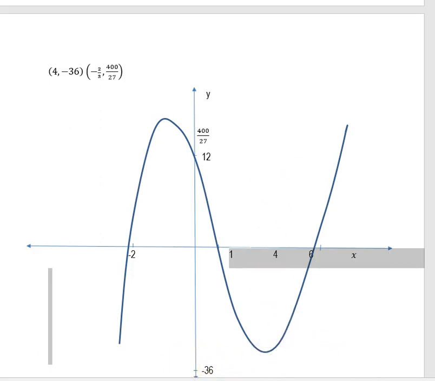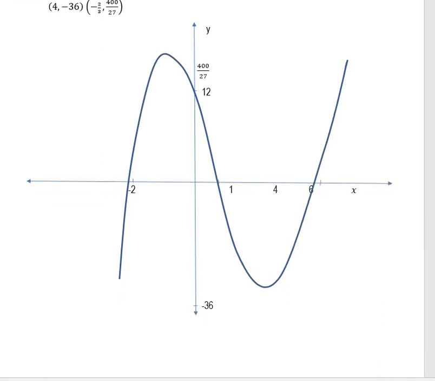So I will assume that that is the turning point. Maybe I need to move this up just to make it more reasonable. Let's move it somewhere there. And then we write our minus 36 somewhere there. And so we see that the turning point is 4 and minus 36. So you put a star there.